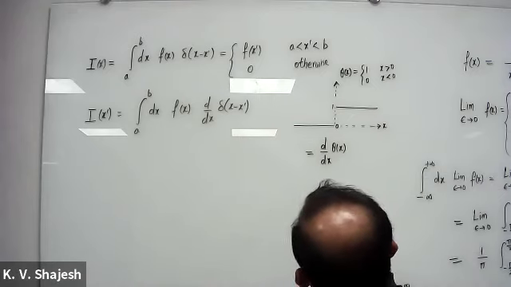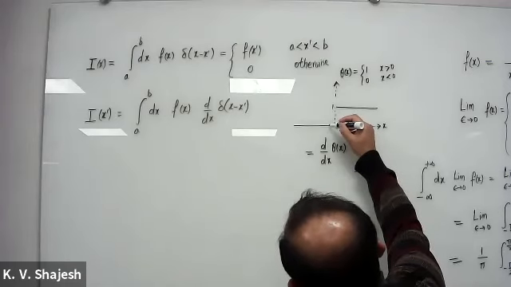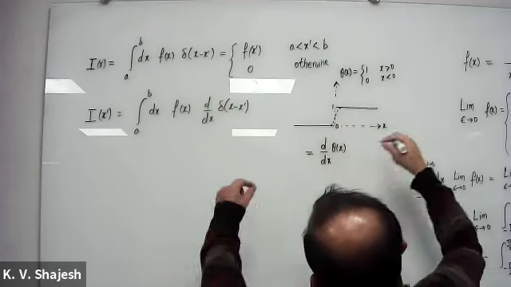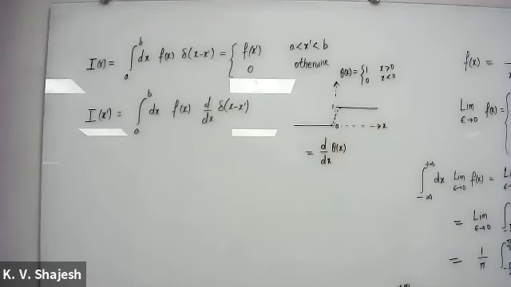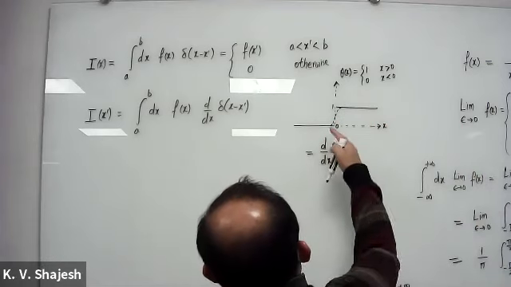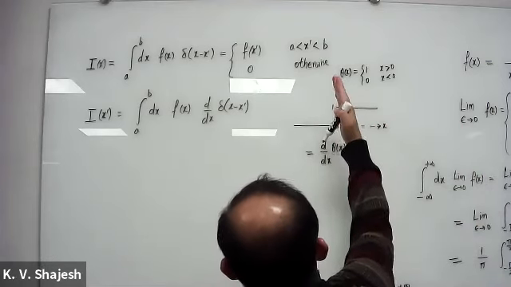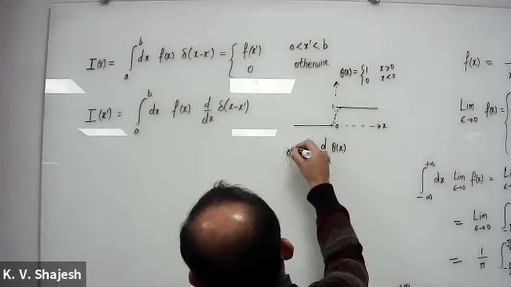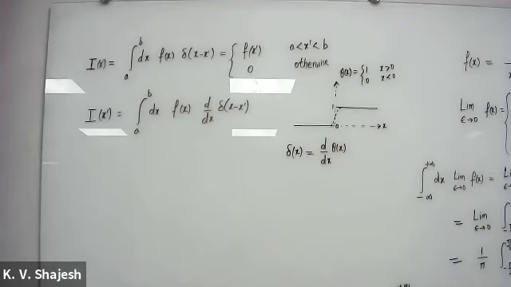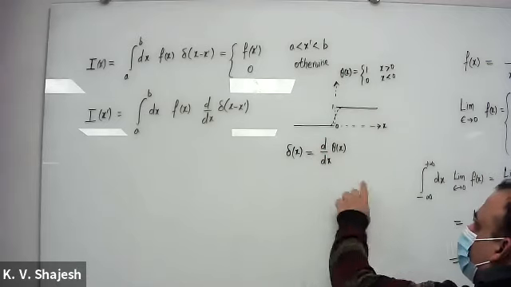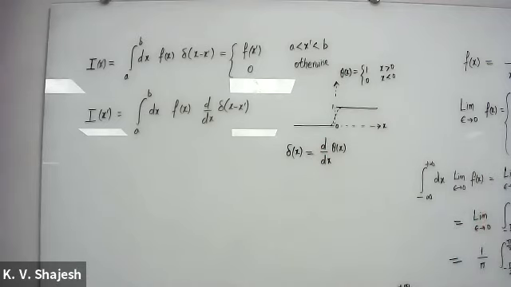And at x equal to 0, it's not very well defined, but then we could imagine this step function to be built out of a curve here, and that limit is taken in the extreme limit, that becomes a step function. Think of a smooth function and some limiting factor, and that way you can say that the slope becomes infinity at that point. And in that sense, at some abstract, intuitive level, you can say delta function is a derivative of a step function.